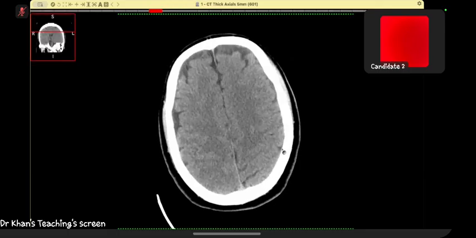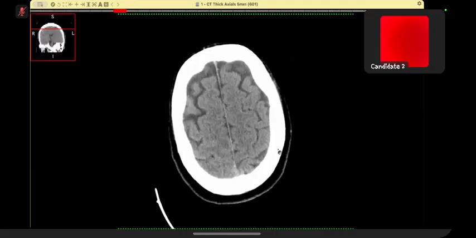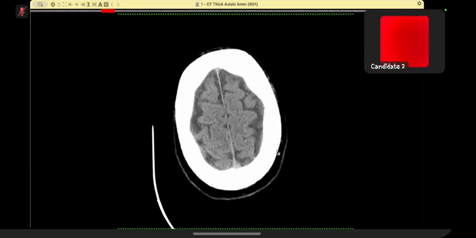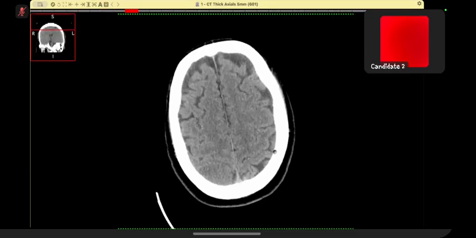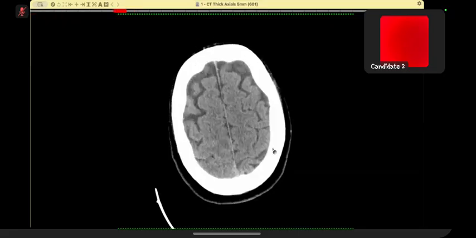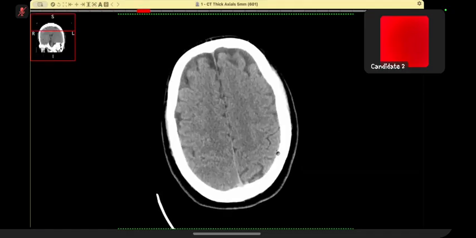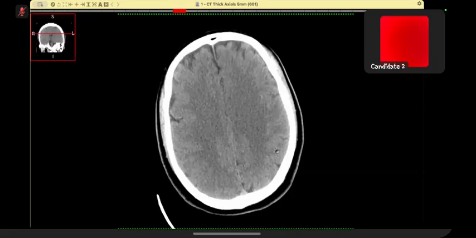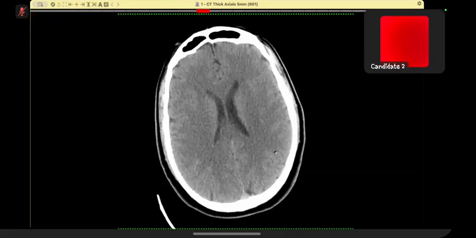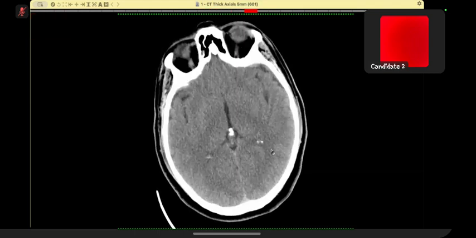I can see that there are some prominent extra-axial spaces in the bilateral frontal regions. I'm suspecting a subdural hematoma or a hygroma in this patient. I would like to look at other orthogonal views as well to confirm this finding.